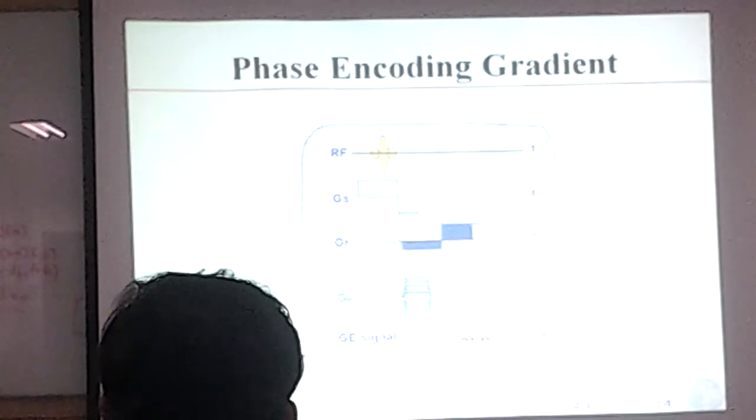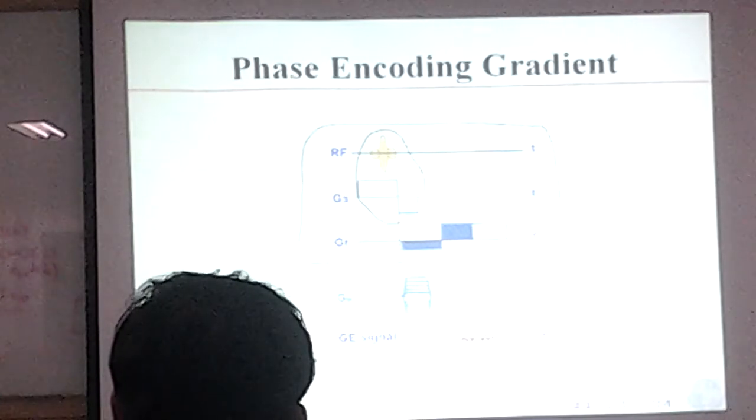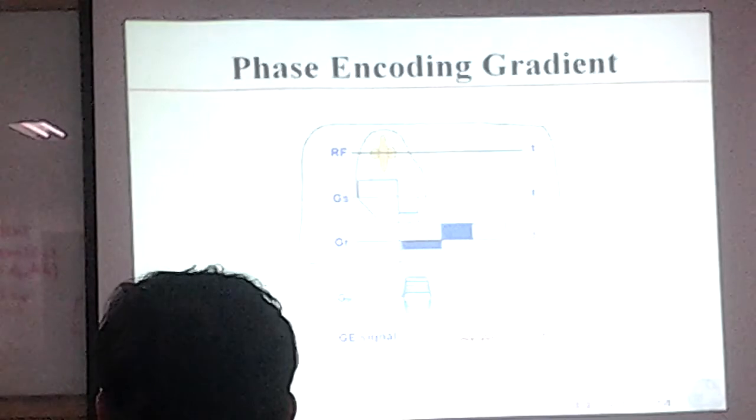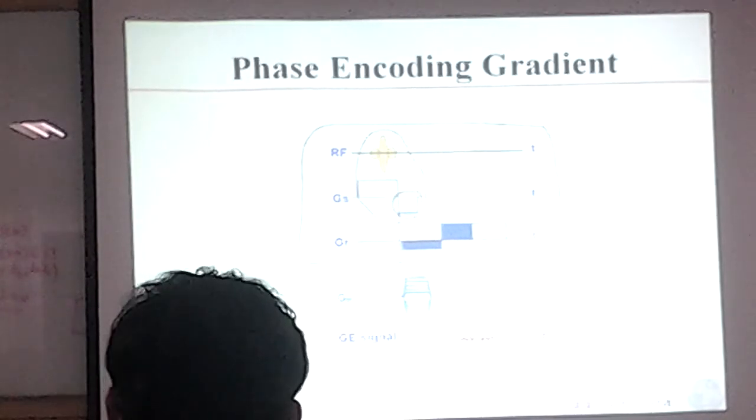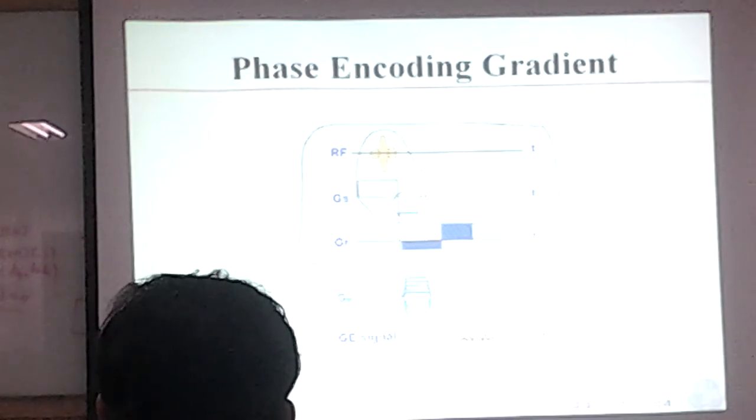Okay. Slice selection is performed by the RF pulse and the gradient, the slice selection gradient. This is the compensation gradient. And the echo signal is read out using this readout gradient.